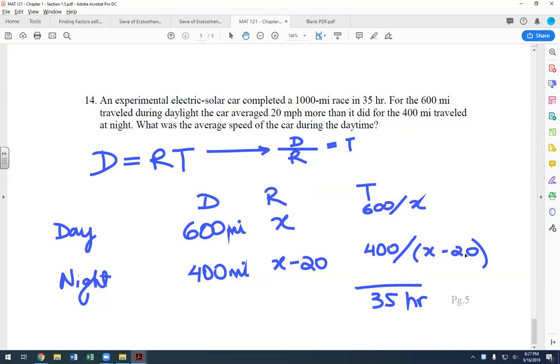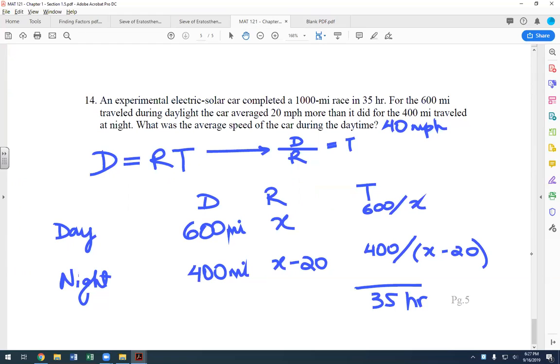So the answer you got, you would then need to add 20 to that, which technically means you would have got 20 as your answer. So it really makes a difference where you set your unknown quantity. Since we set x directly as our daytime speed, you don't have to do anything. That's your 40 miles per hour, directly our answer.